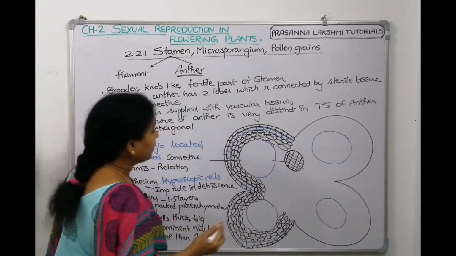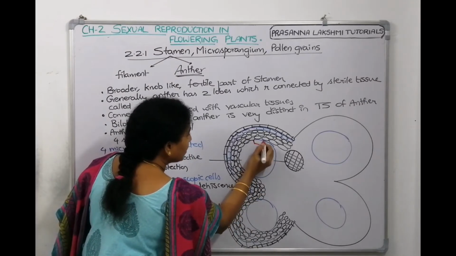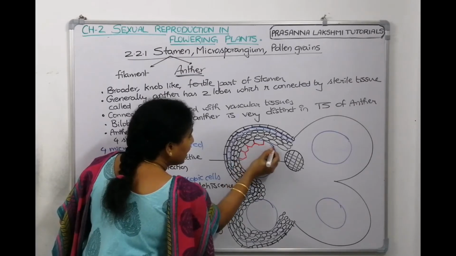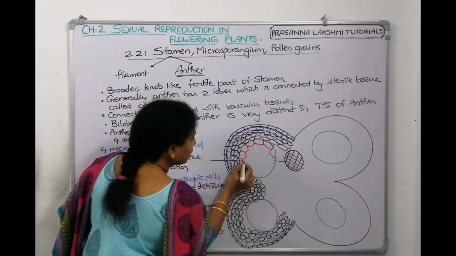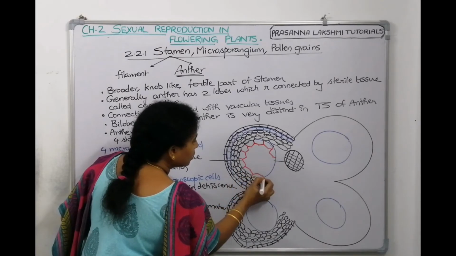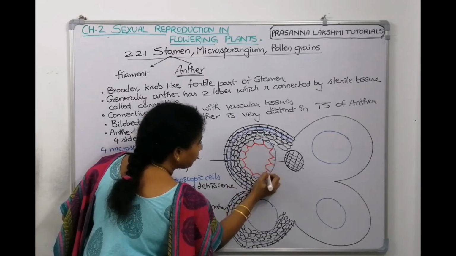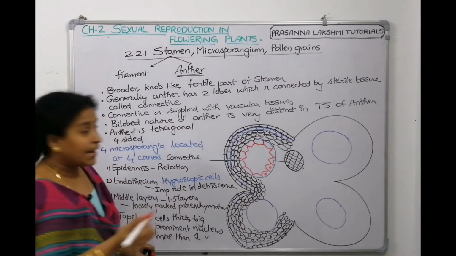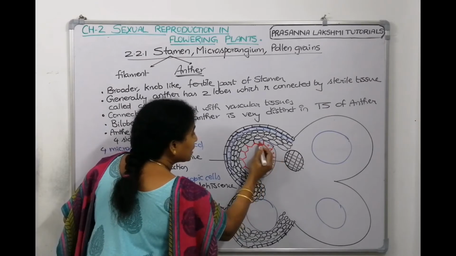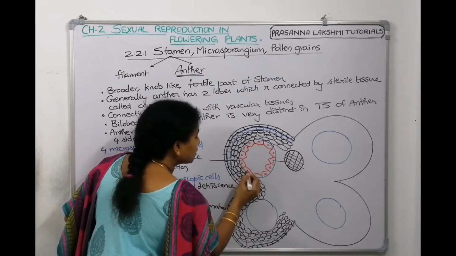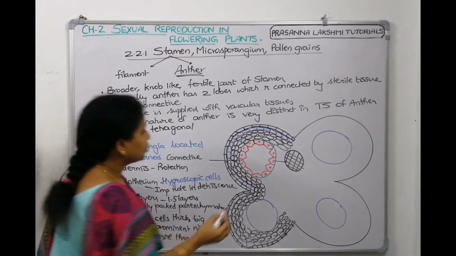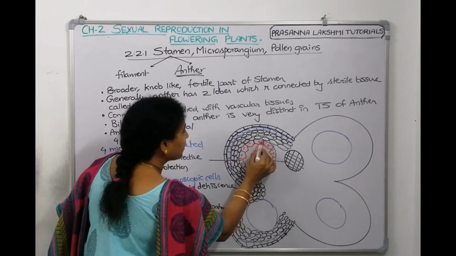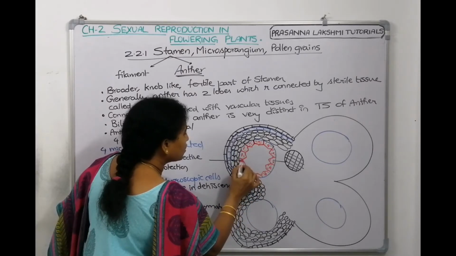So, these are the big tapetal cells which help in the nourishment of the sporogenous tissue. They might have more than one nuclei also, and they have abundant food reserves because it is a nutritive tissue. They should have abundant food reserves, abundant cytoplasm.